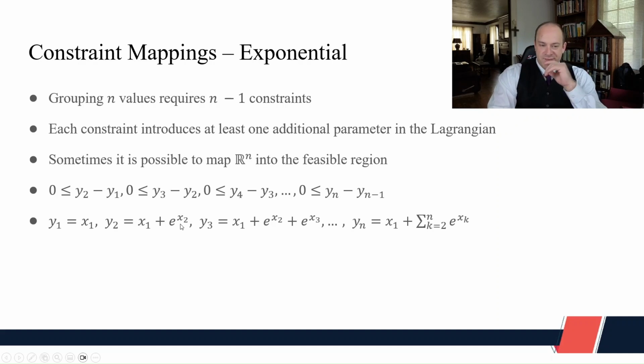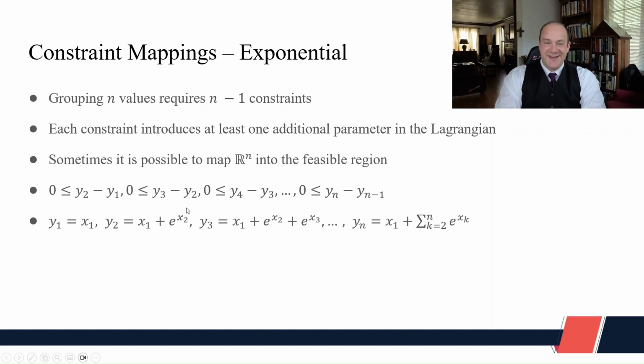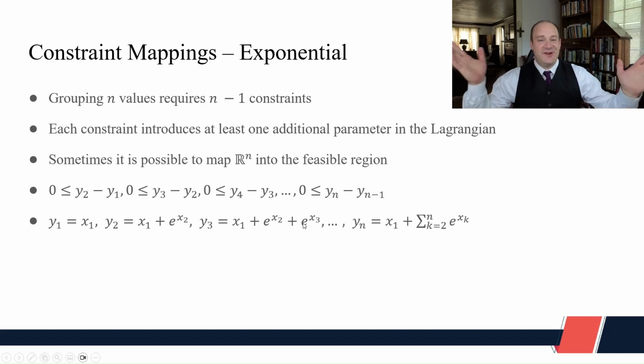Once I've done that, I know that y2 minus y1 is just going to be e to the x2. It's going to be positive, so yes, we find ourselves in the feasible region. y3, I'm going to take to be x1 plus e to the x2 plus e to the x3. Now when I take the difference between y3 and y2, I get e to the x3. It's exponentiated, it's positive. We're in good shape.